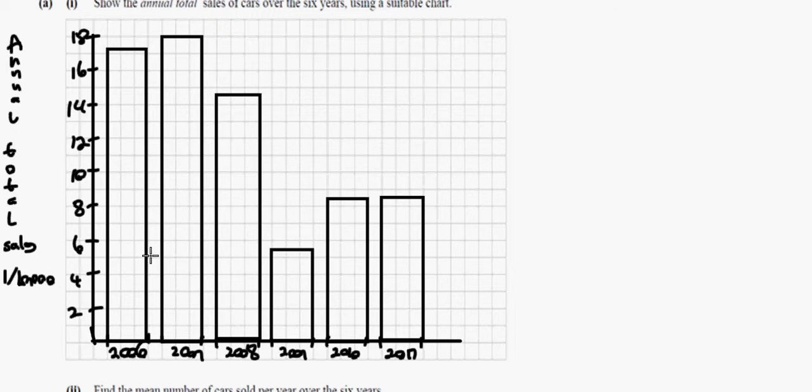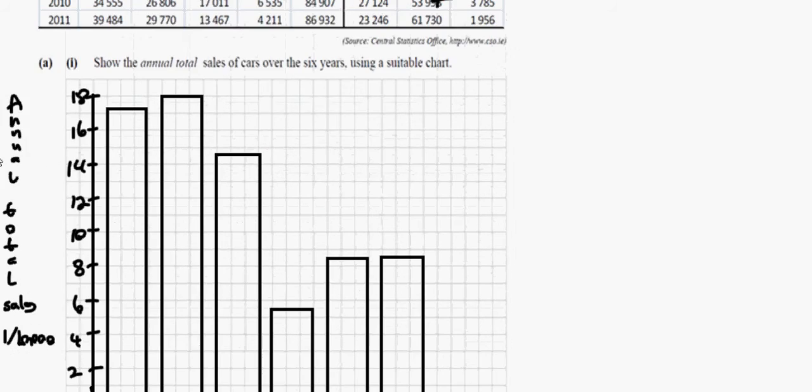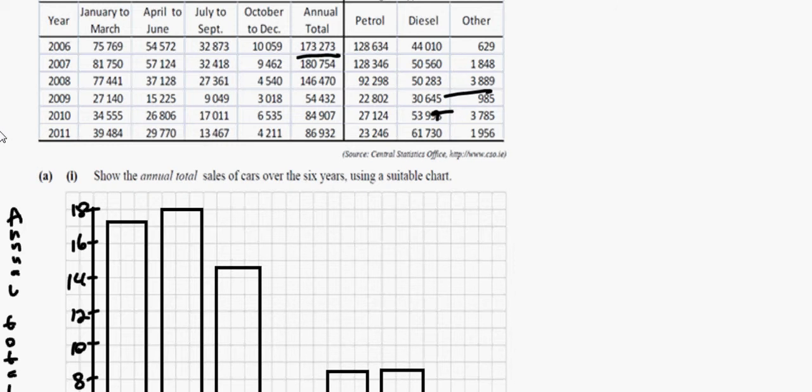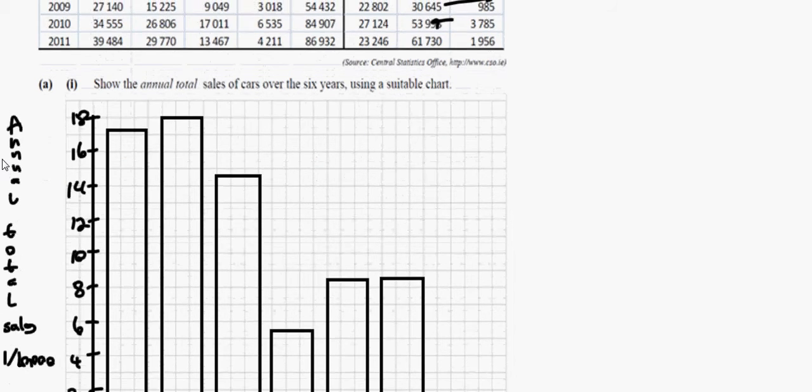Okay, and find the mean number of cars sold over the 6 years. To find the mean, I need to find the average of all the cars sold. So I need to add them all up together and divide by 6.